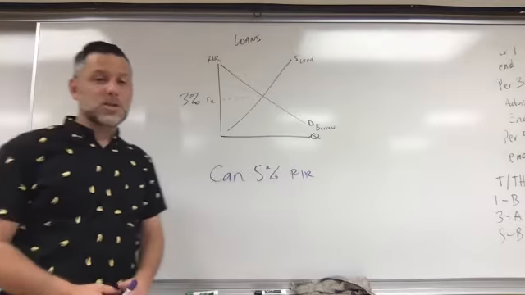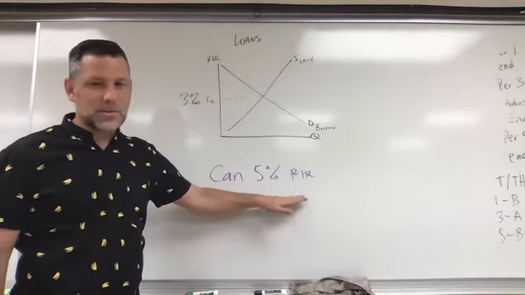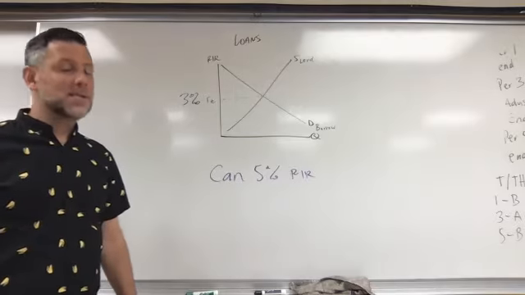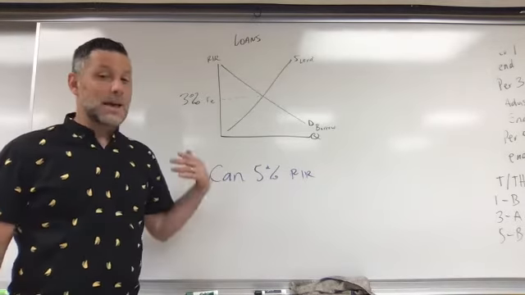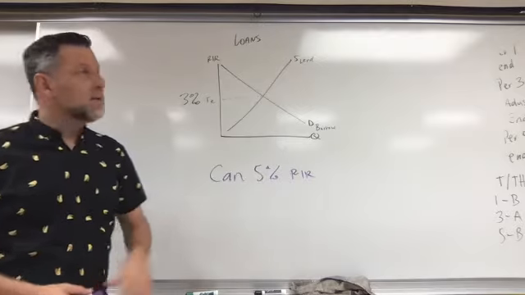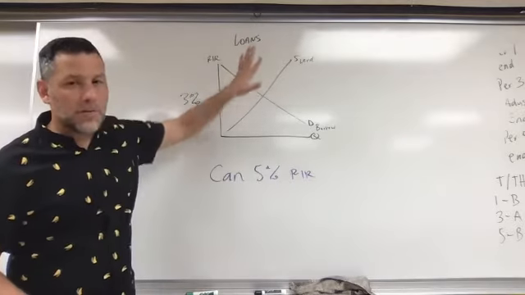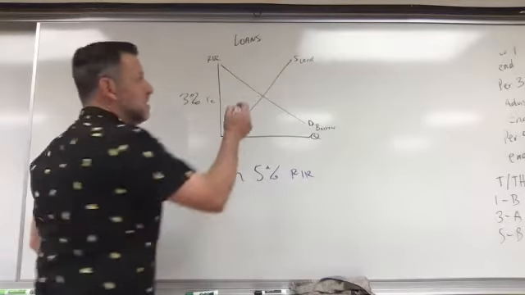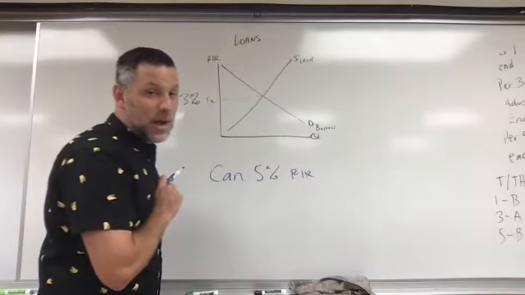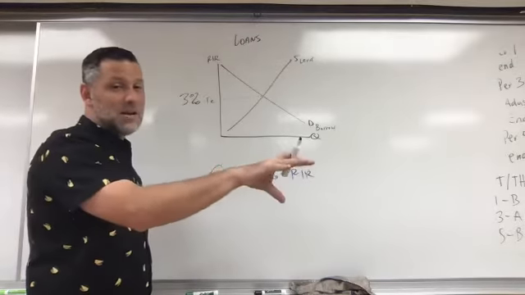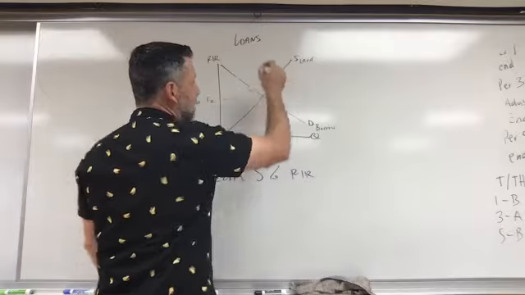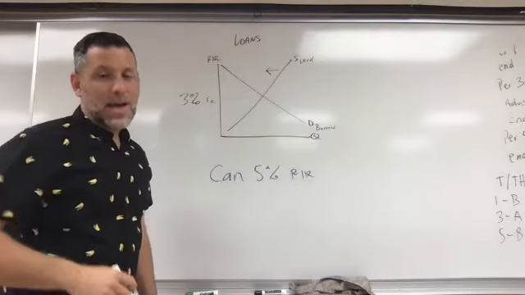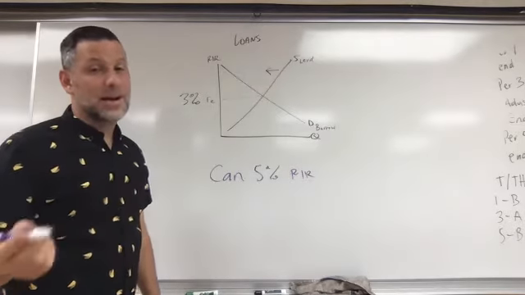So if another country has a higher real interest rate, what's going to happen is it's going to cause people to take their money out of American banks and put them into those Canadian banks. So if this is the US market for loanable funds, remember, savings is the supply of loans. So if people are taking their money out of American banks, saving in America goes down, and then the supply in Canada would go up.